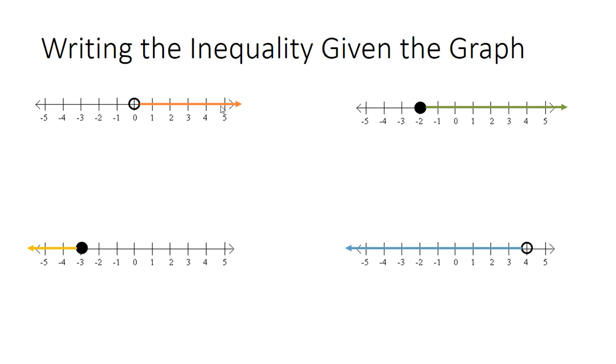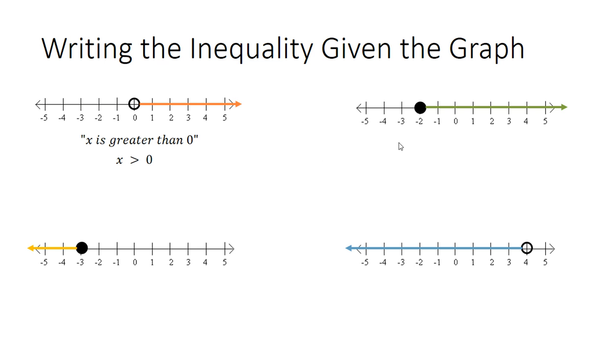It's everything greater than 0. So I just picked a variable, so x is greater than 0. So that would be a sentence that we would write for this graph, and to represent it as an inequality, it would look like this, which is x is greater than 0. And notice that it's an open circle, so there's no bar underneath the inequality.